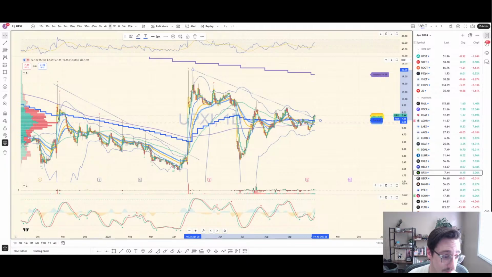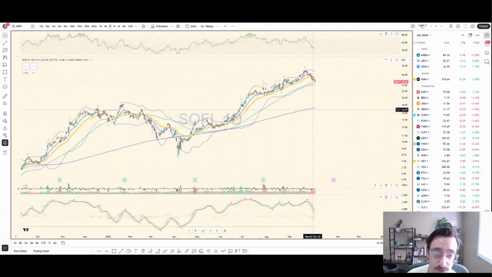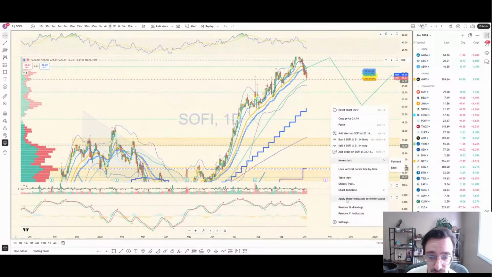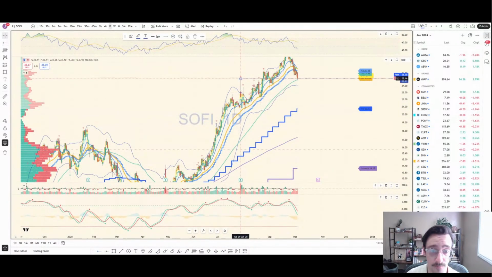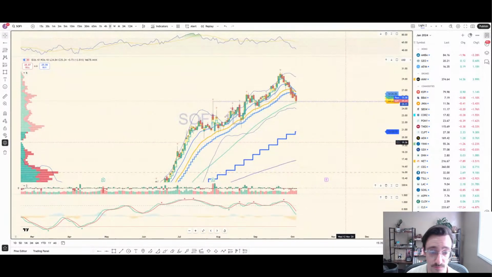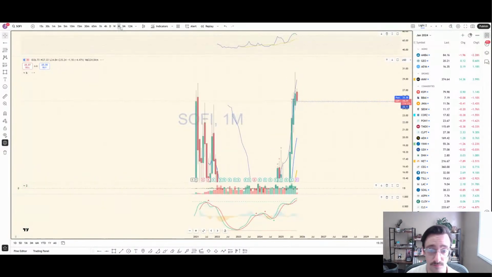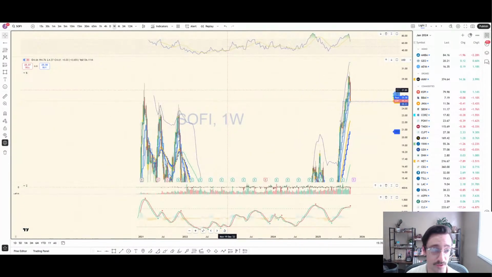All right, SoFi. Let's look at SoFi. Just talking about this one, they're trading back into a pivot. I'm going to clear all my drawings here. Keep it nice and simple. Pivot. Let's see if it holds. See if there's anything more meaningful here. So it just cleared all-time high liquidity.